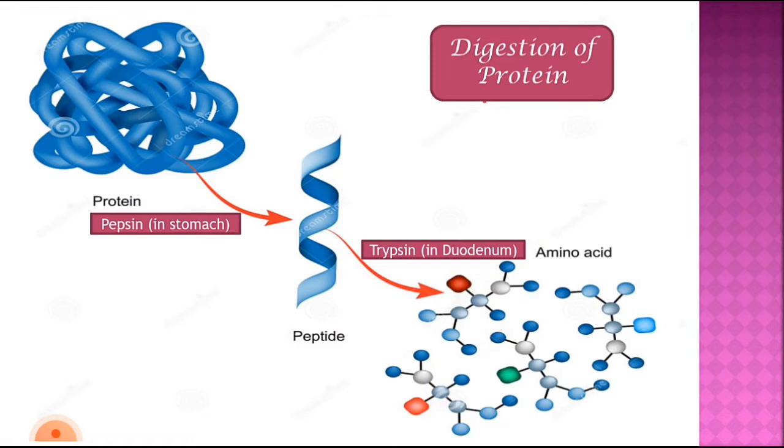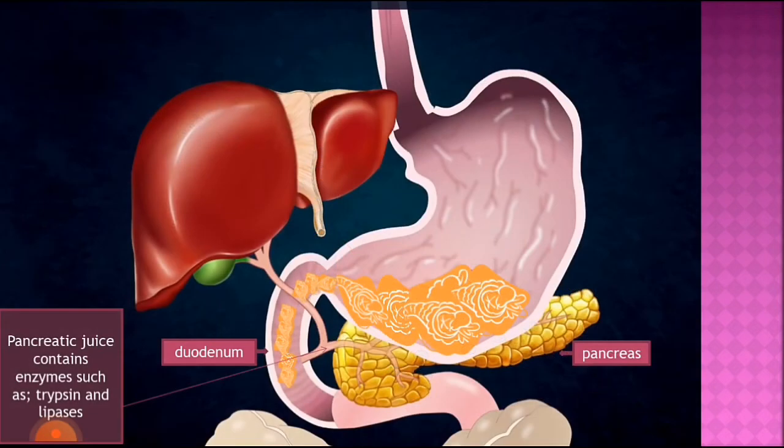Now, the further breakdown of those peptones takes place in duodenum, where these peptones get converted into amino acids. One more enzyme released by pancreas is lipase, which breaks fat globules into fatty acids and glycerol.